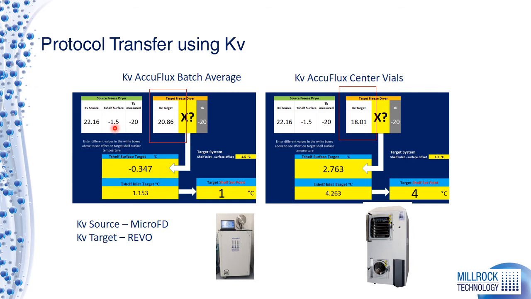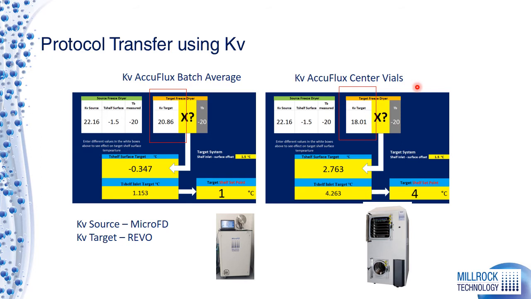In this case, the shelf surface temperature was minus 1.5 based on the difference in Kv. The shelf surface target temperature would be minus 0.3. Now, knowing that the target system has an offset difference between the inlet and the shelf surface, we've got to adjust for that. So we do make that adjustment, and we have a shelf target temperature of about 1 degree C, just based on using the batch average Kv.